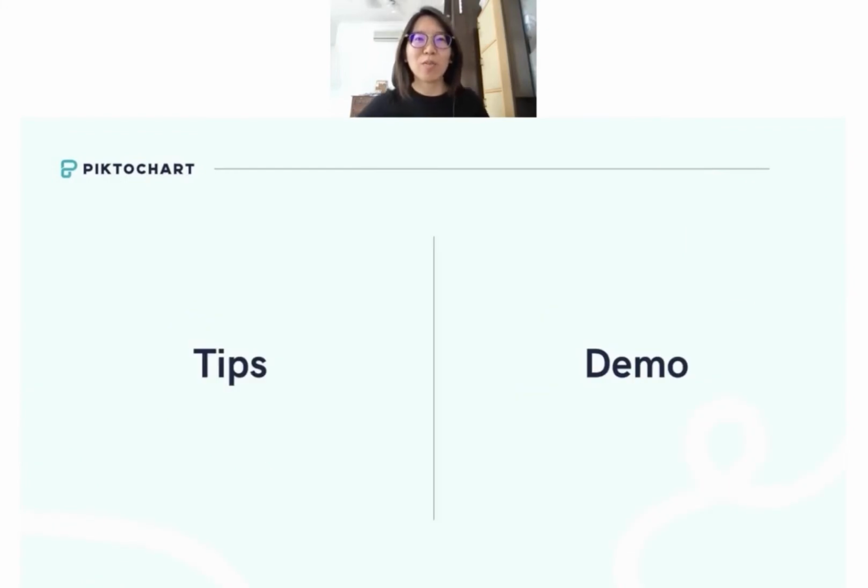So a quick overview of what you can expect from this webinar. It'll be broken down to mainly two sections. Firstly, I'll be running through some quick visual communication or design tips that you can keep in mind when designing your annual report or any piece of editorial for that matter. And secondly, we'll be showing you a demo of how you can create your own annual report or annual review presentation with Piktochart.